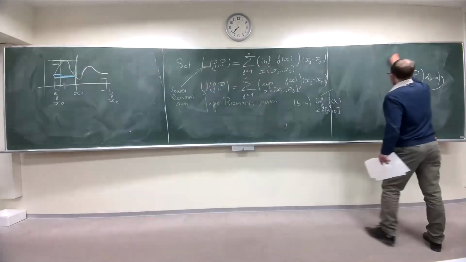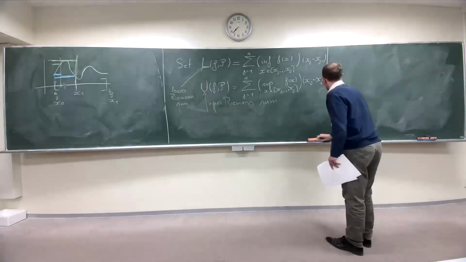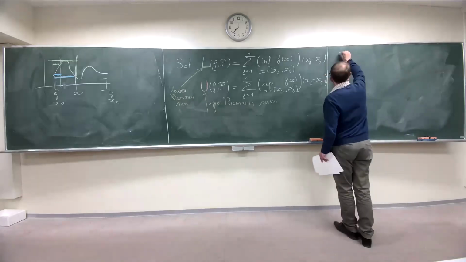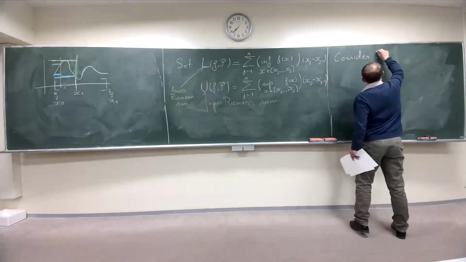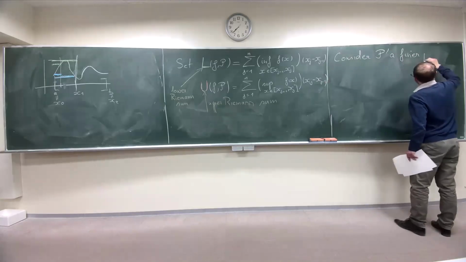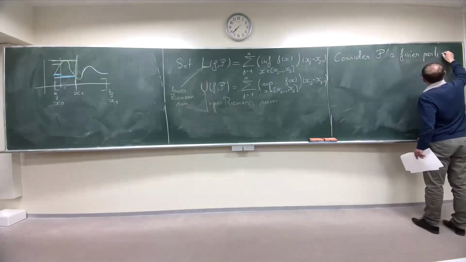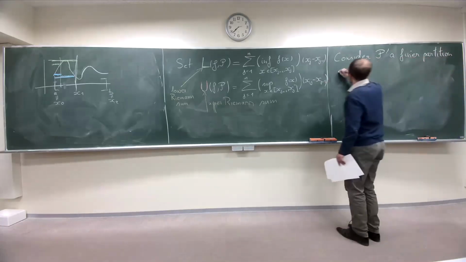So now I consider P prime, a thinner partition of AB.